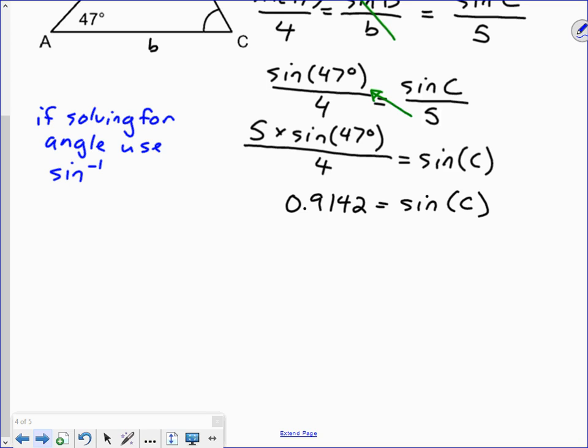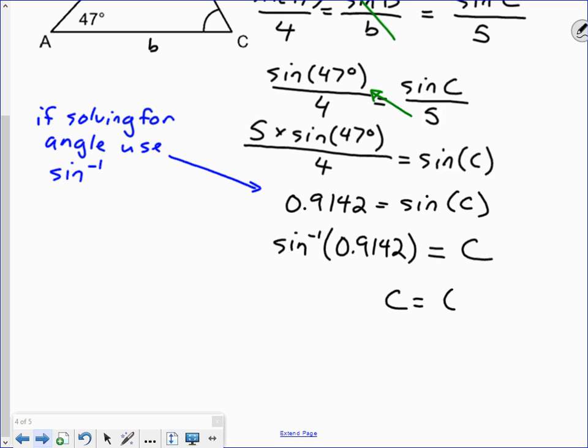So in this case, inverse sine. So we want to do the inverse sine of 0.9142, and that is going to be equal to angle C. So angle C, punching this into our calculator, is going to be 66 degrees.